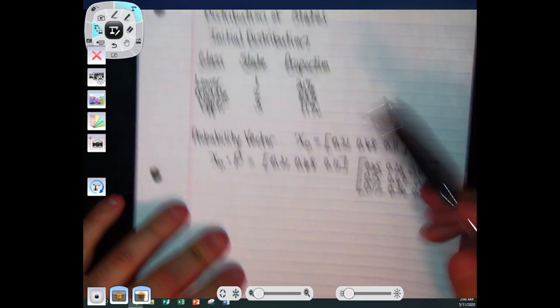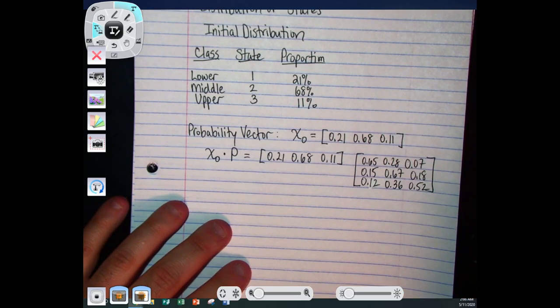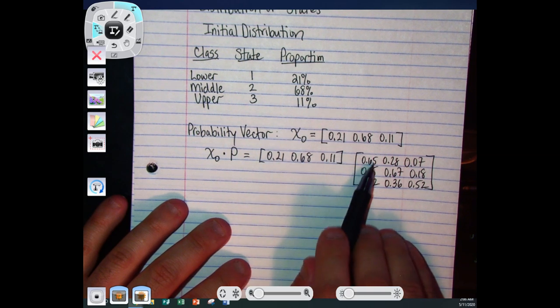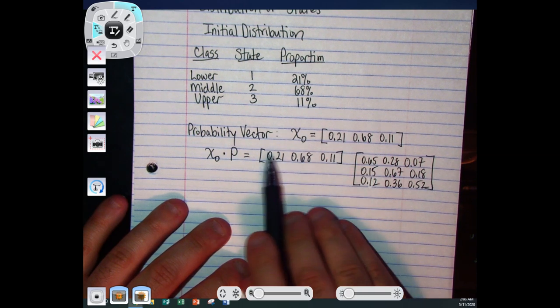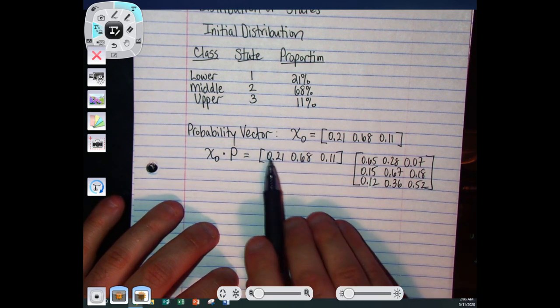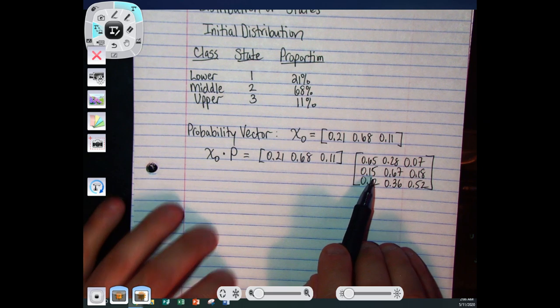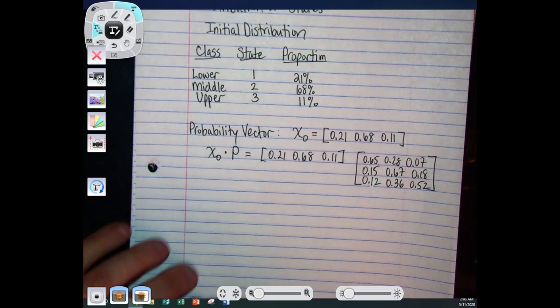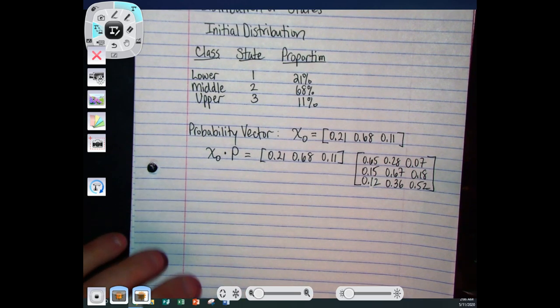Remember that in order to multiply matrices, the number of columns here has to equal the number of rows, which they do, 3 and 3. This is a 1 by 3, and this is a 3 by 3. So our answer is essentially going to be a 1 by 3.